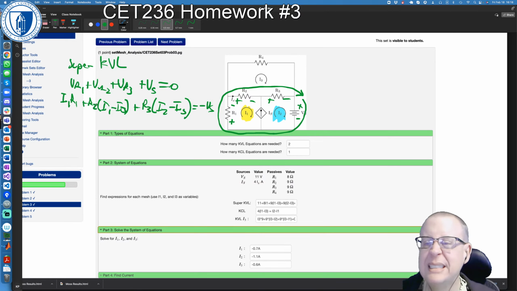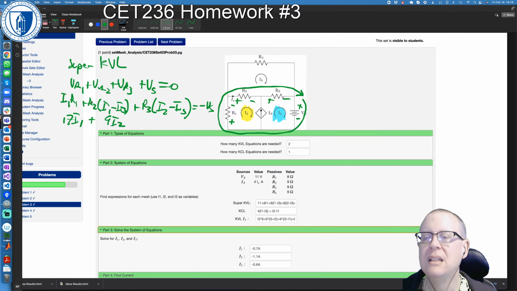Pulling that out, we get R1 plus R2 times I1, so that's 17 I1, plus, and then for I2 we just have R3, so it's 9 I2, and then I3 is minus R2 minus R3, so minus 18 I3, and that equals minus 11.